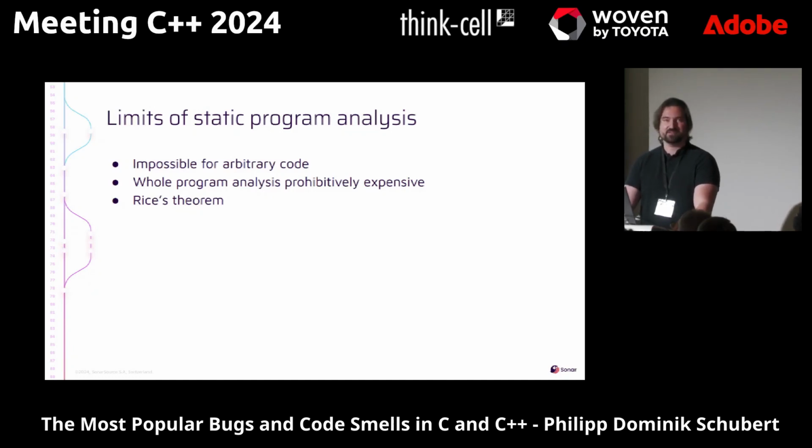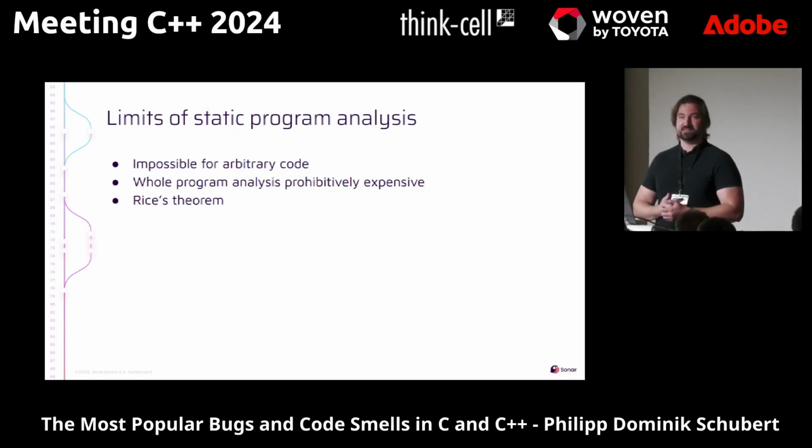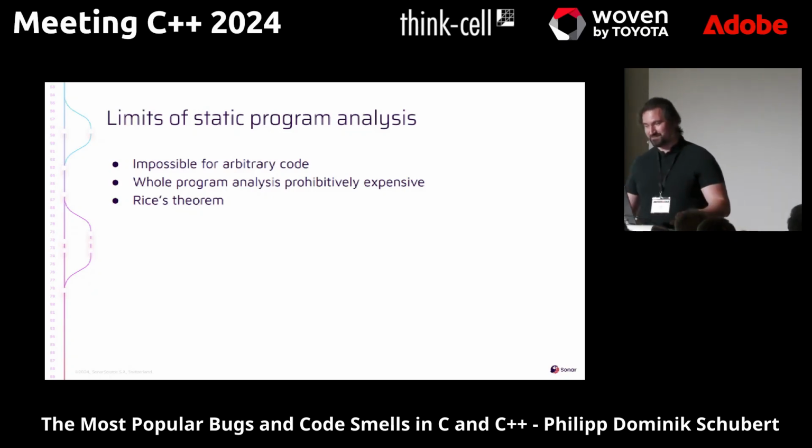And whole program analysis is also prohibitively expensive. If you think about symbolic execution, analyzing program path by path, if you have your 100 million lines project, well, good luck with that. The lifetime of the universe would be shorter than the amount of time that a symbolic execution would need to analyze the program.